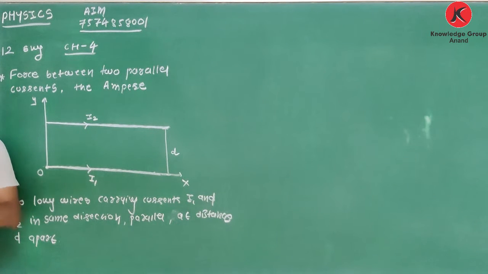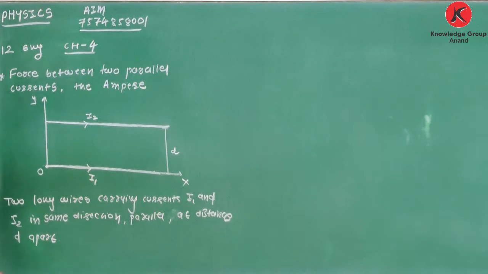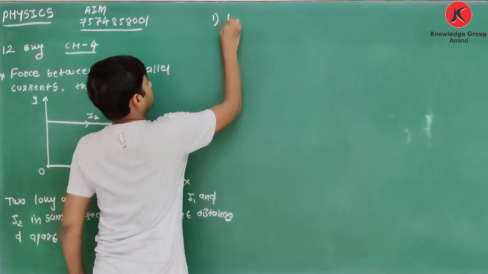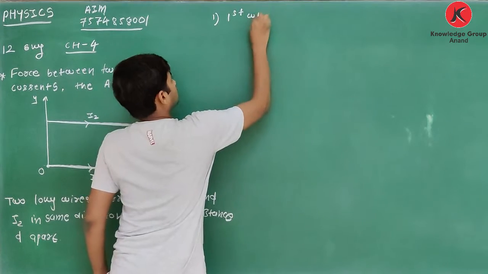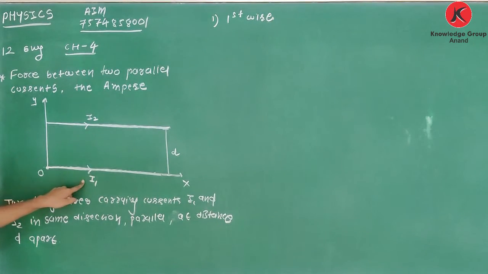Now see how force acts between two currents. I am taking this first wire. The current in the first wire is I1.